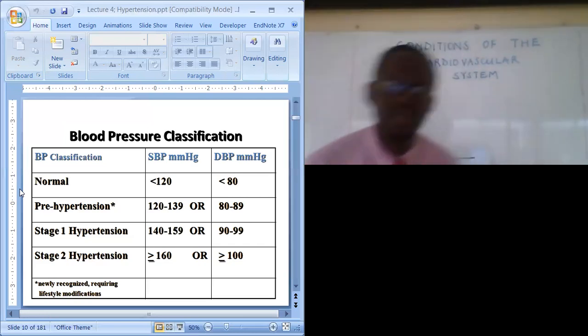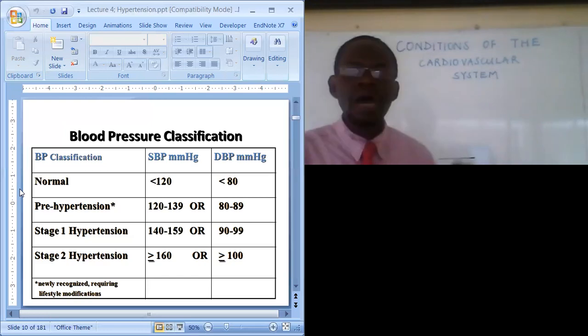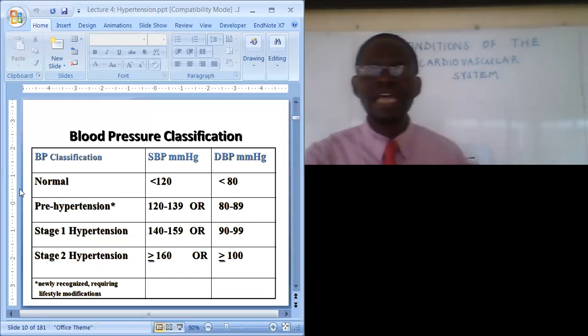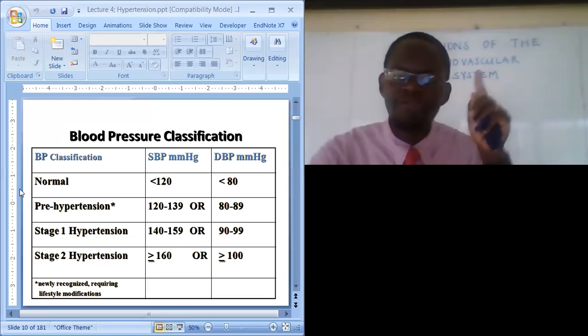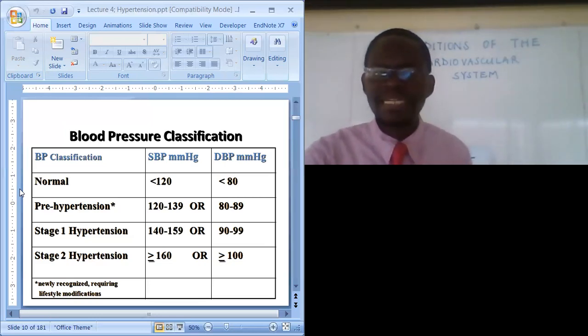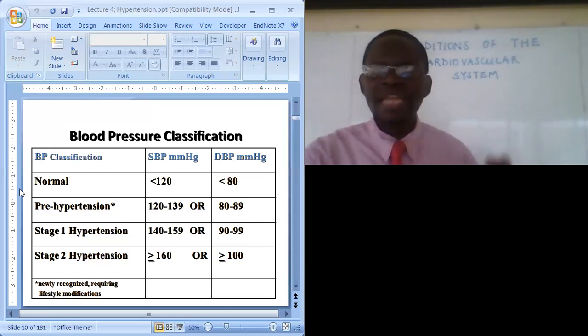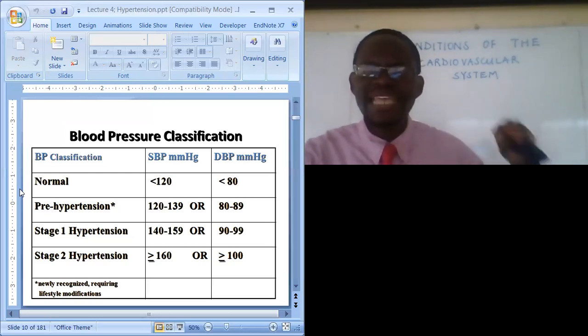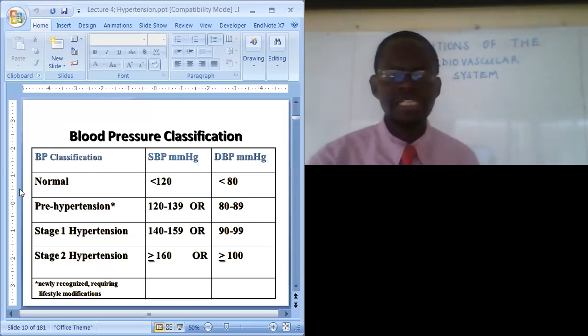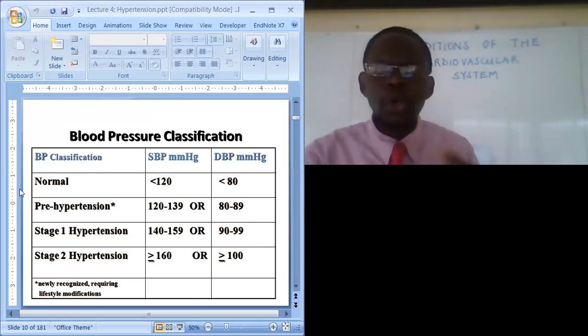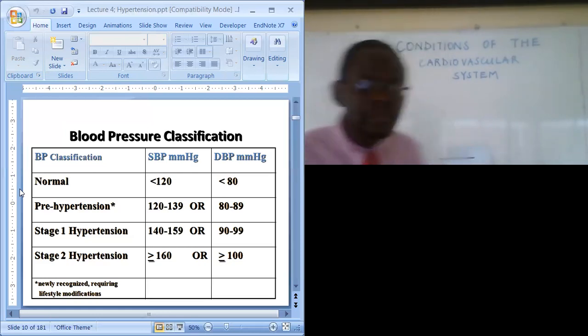Maybe I should mention that with hypertension, you don't just take one blood pressure reading and diagnose this patient to be hypertensive. No, you take readings over time, and if they are sustained and elevated, then the person is said to be hypertensive.